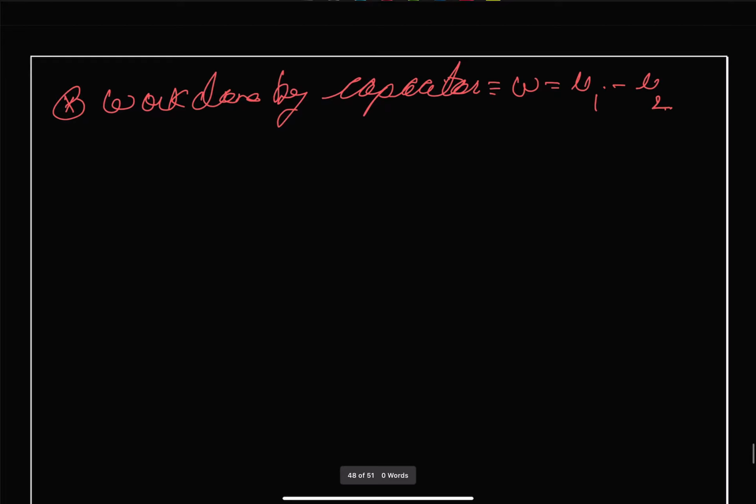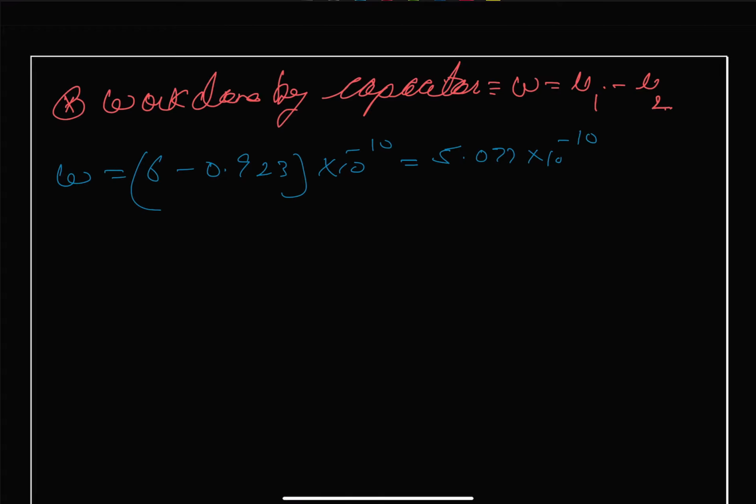So we get work done equal to 6 minus 0.923 into 10 to the power minus 10, which comes as 5.077 into 10 to the power minus 10 joules.